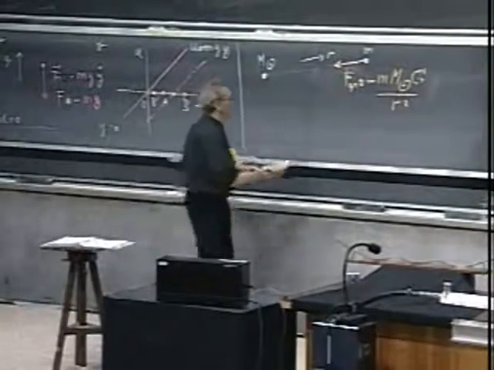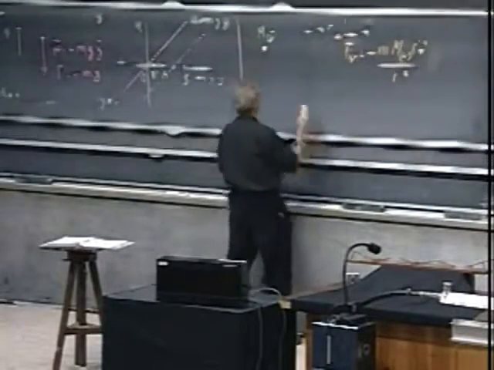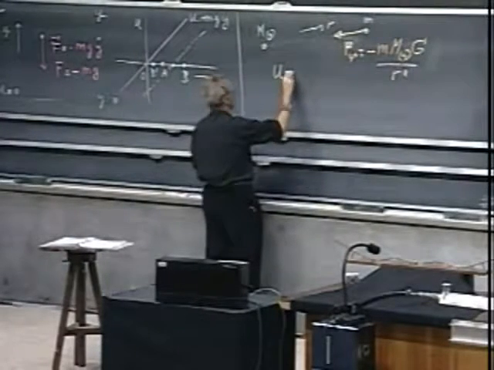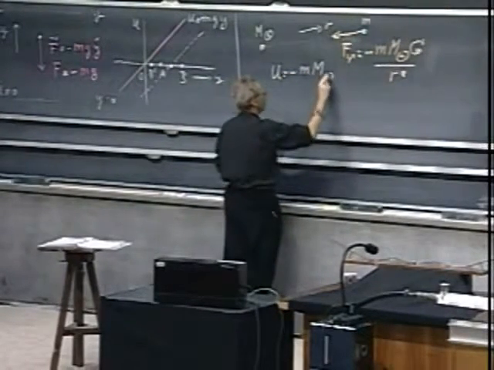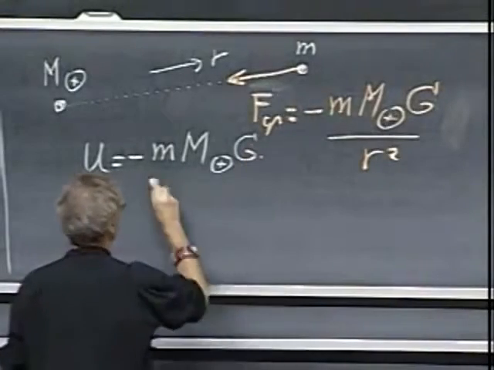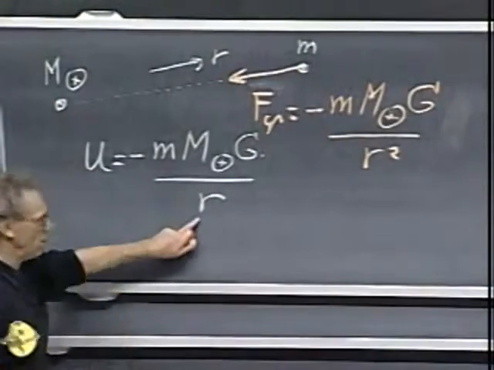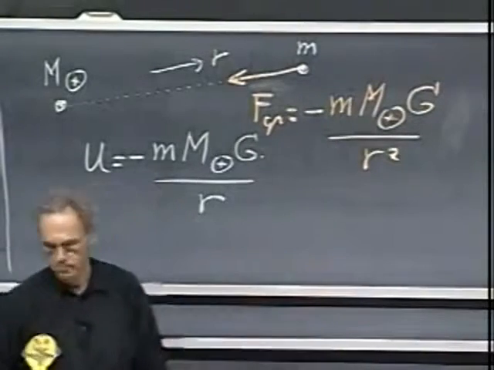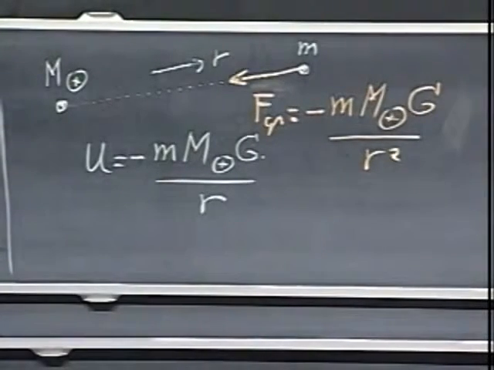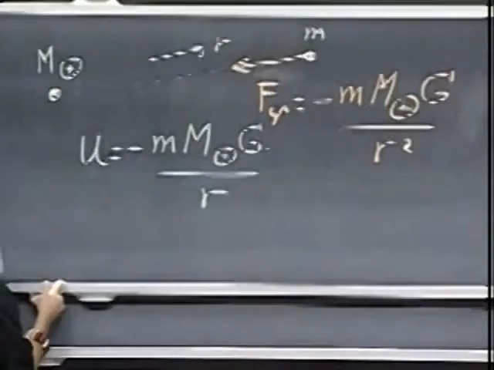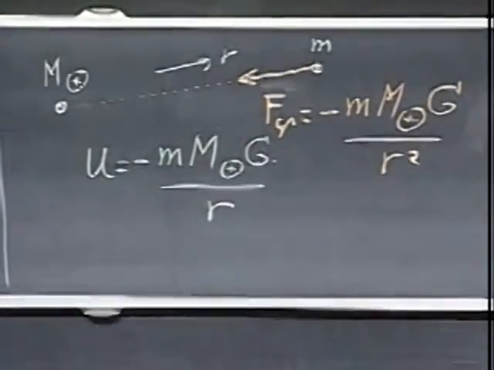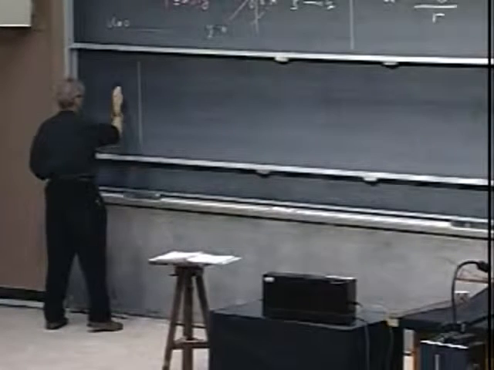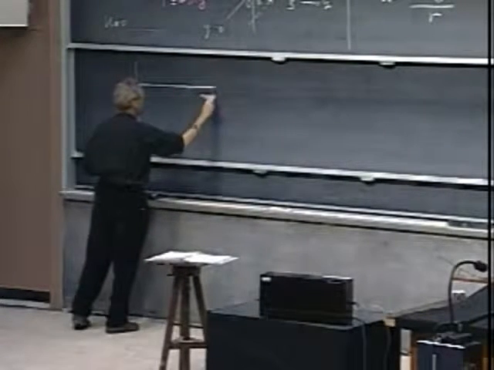The gravitational potential energy we derived last time equals minus m Earth G divided by r. Notice here is r and here is r squared. And if you plot that, the plot goes sort of like this. This is r.